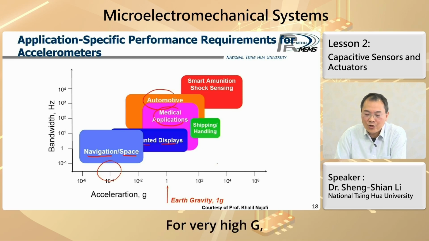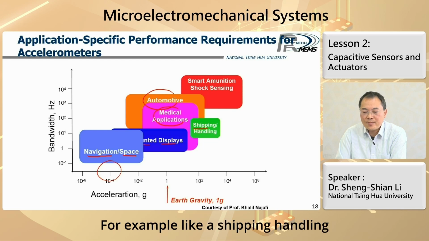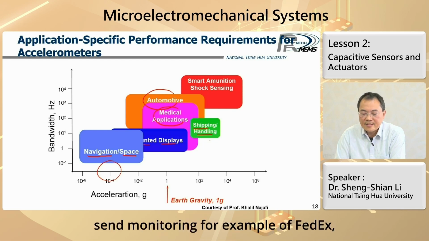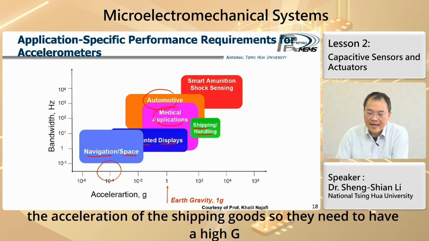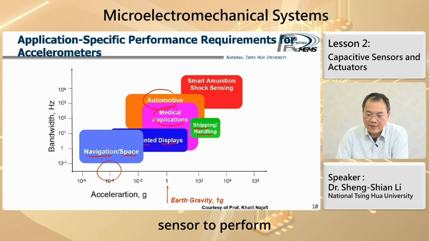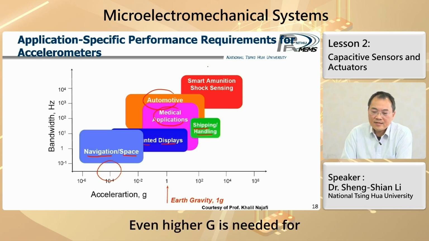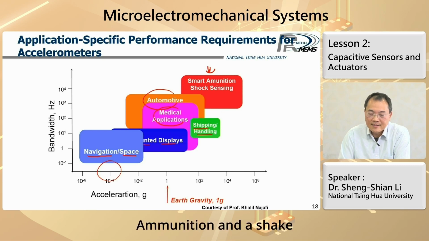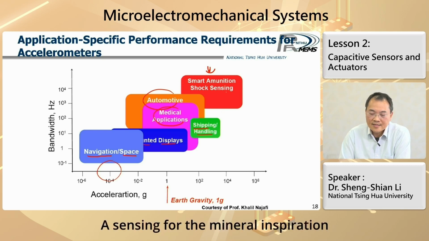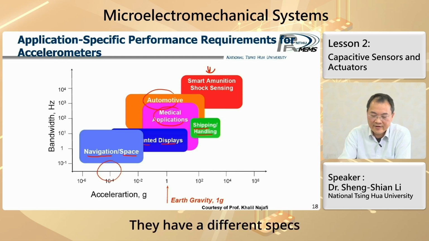For very high G, for example shipping, handling, and asset monitoring, like FedEx and UPS, they need to check the acceleration of the shipping goods, so they need a high G sensor to perform the measurement. Even higher G is needed for weapons, smart ammunition, and shock sensing for mineral exploration.